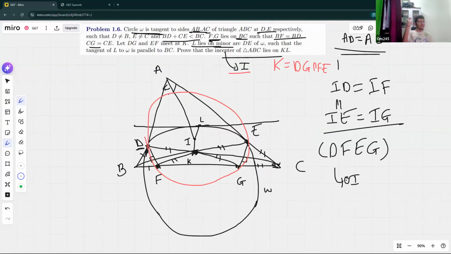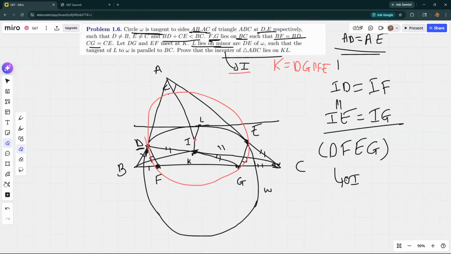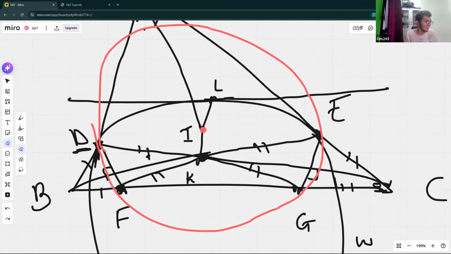Now I is the center of this red circle, which passes through these points. How is DK equals FK? Oh, not K. DI equals FI trivially, but DK is not equal. Just some mistakes happen.